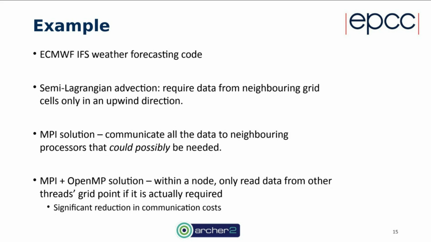But basically, what it means is that it's solving the fluid flow in a way that requires data from neighboring grid points, but only in an upwind direction. So we only actually need data like flow velocities, temperature and humidity. We only need to communicate those to neighboring grid points in the direction that the wind's actually blowing.